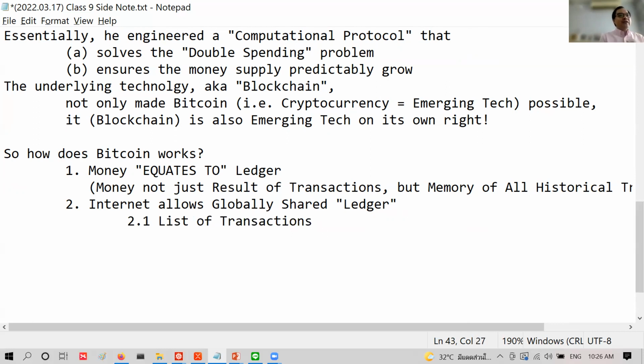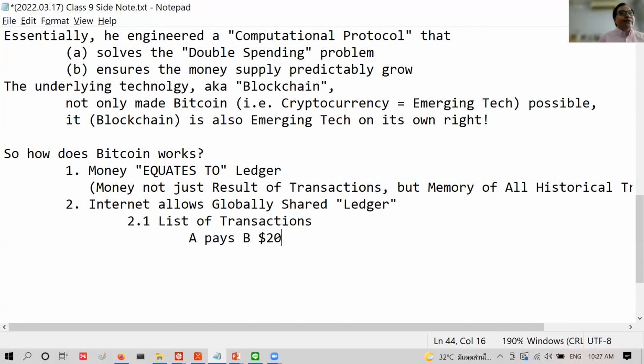Now, a list of transactions. If A pays B, this is an event: A pays B 20 units. Just think of it as a generic dollar. It's not a real dollar.